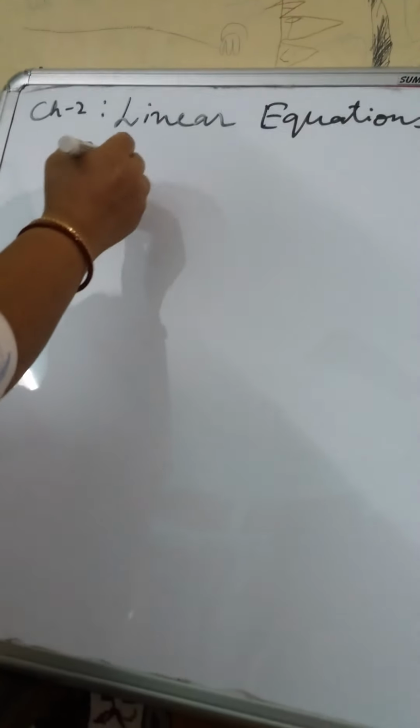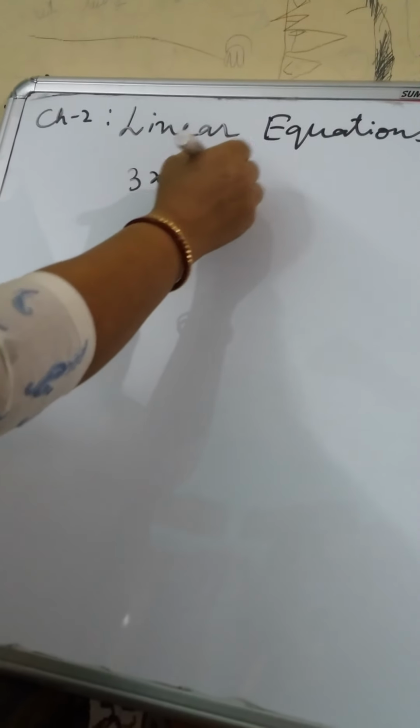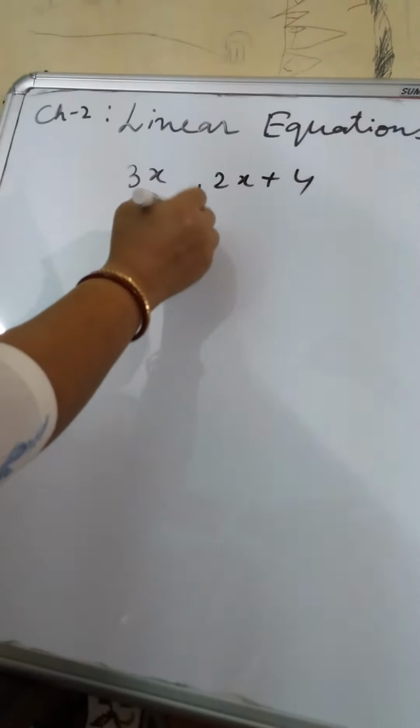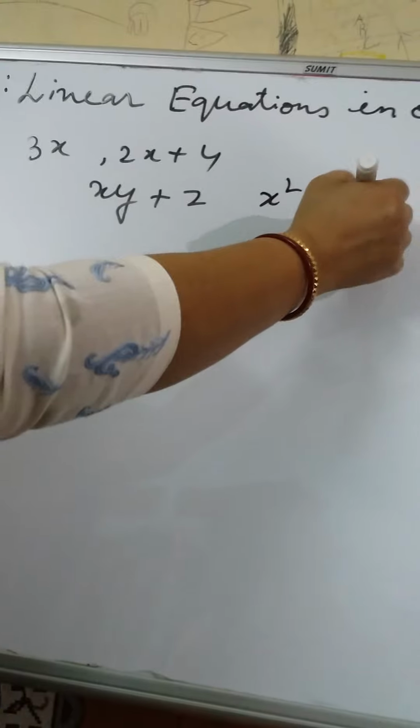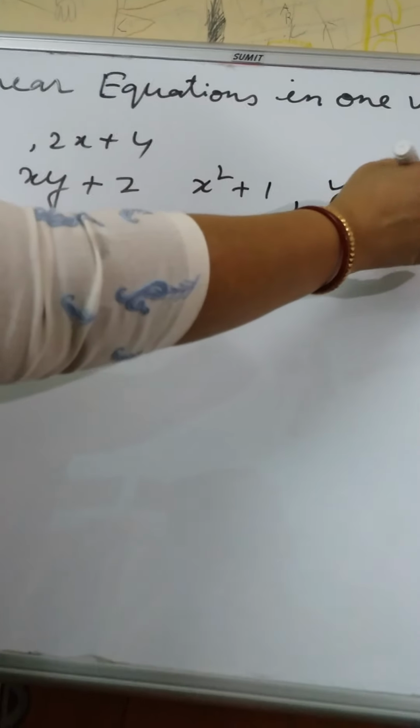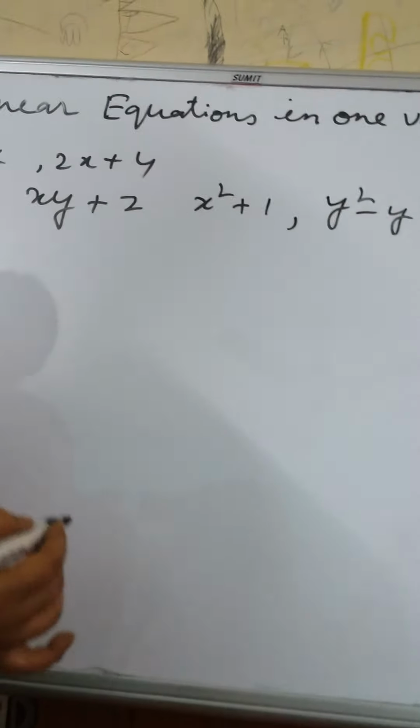In class 7, you have come across many algebraic expressions and equations. Some examples of expressions are 3x, 2x plus 4, xy plus z, x square plus 1, y square minus 1 minus y.